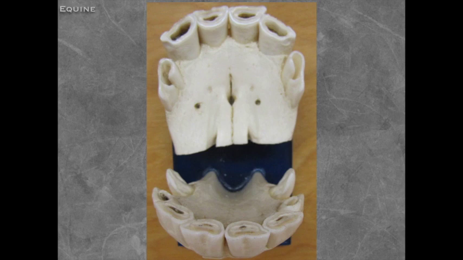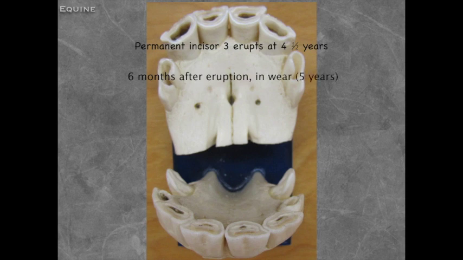So eruption of the third incisor is going to be at 4.5 years. And they're going to be in wear at 5 years. So of the permanent incisors, we see eruption at 2.5, 3.5, 4.5, with wear being at 3, 4, and 5. Okay?